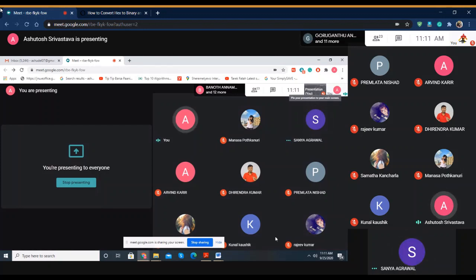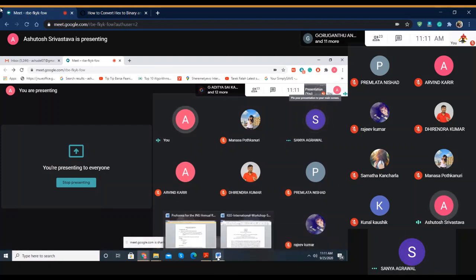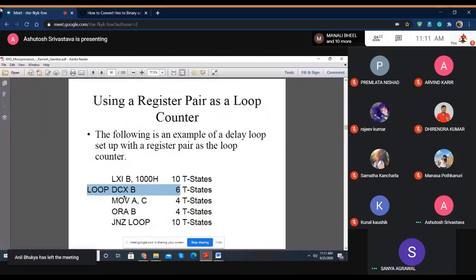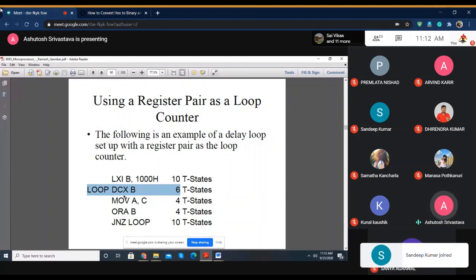Okay, so can I know the equivalent of, say, this DCX B? So this would not have any hexa. DCX is the opcode.